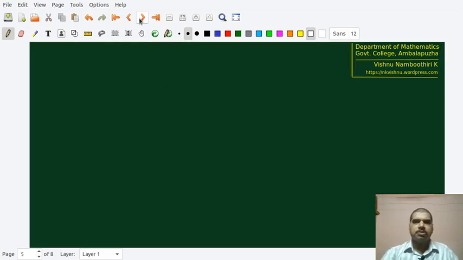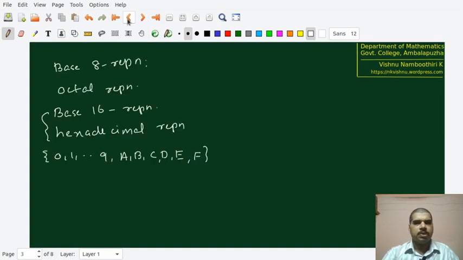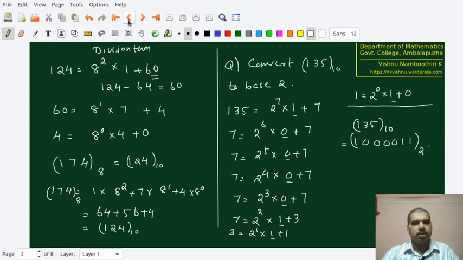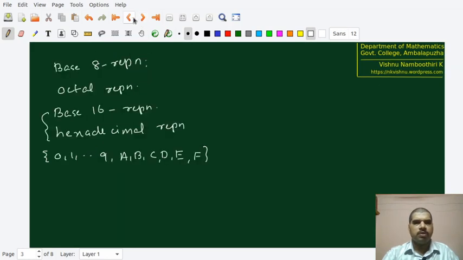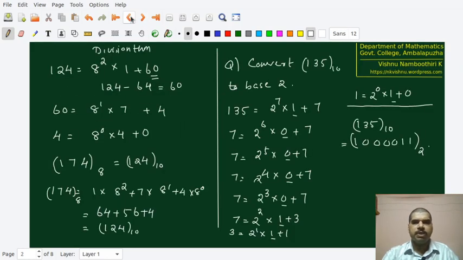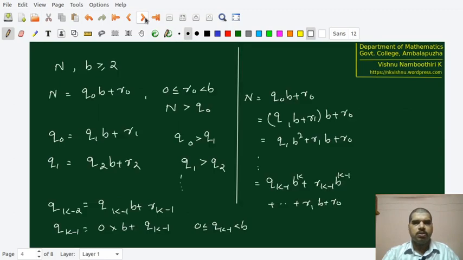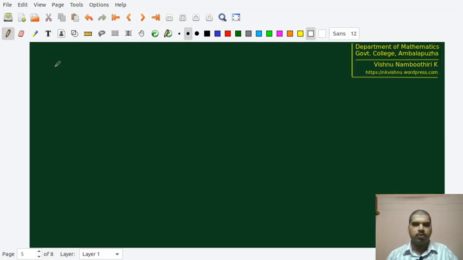Let us try this procedure for one of the examples that we had previously, and that example is that of 124. We want to convert that into base 8. The question is, find the base 8 representation of 124.